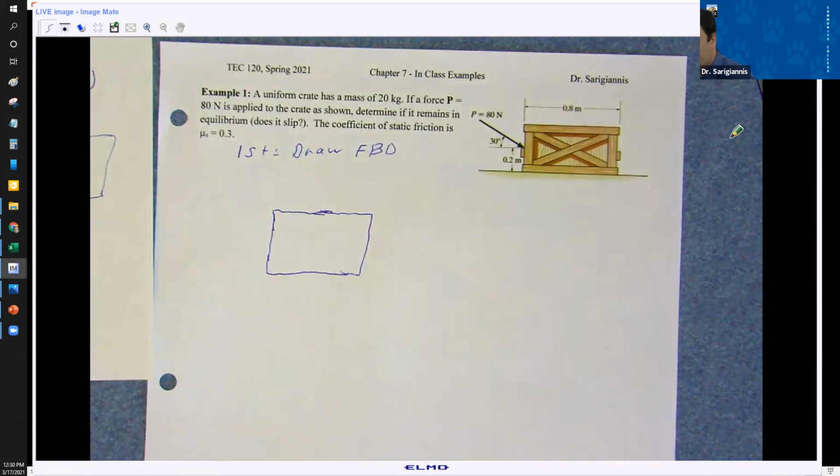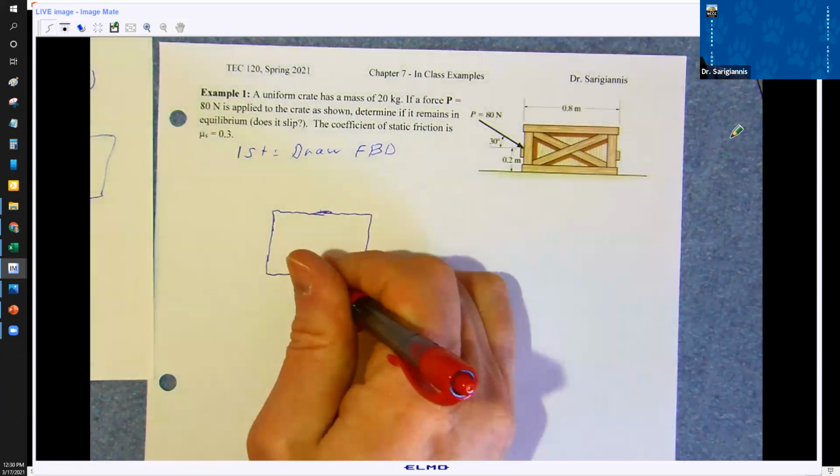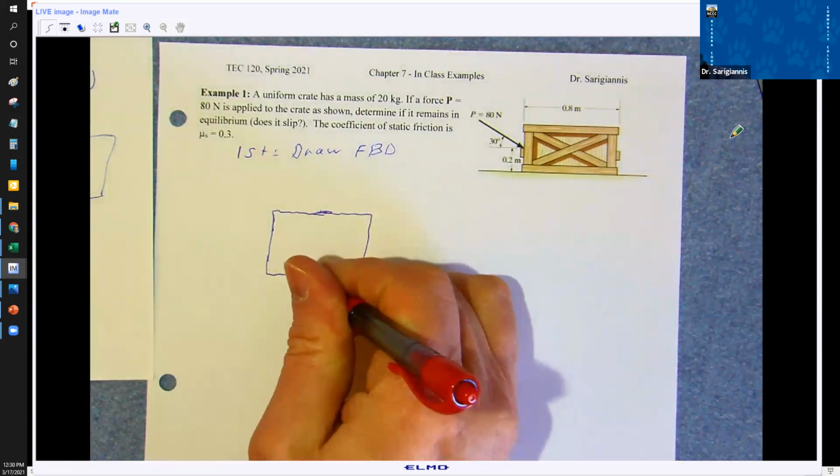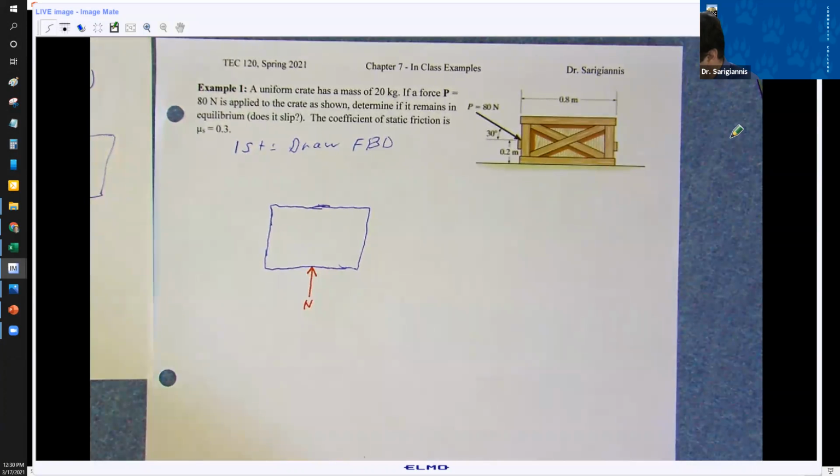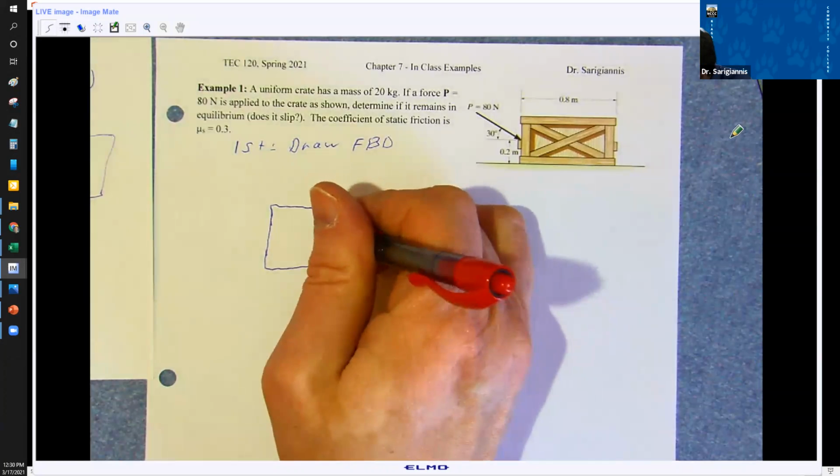Now I'm going to put my forces in. First of all, I have a normal force, which is my reaction force from the surface. I have the weight of this object.